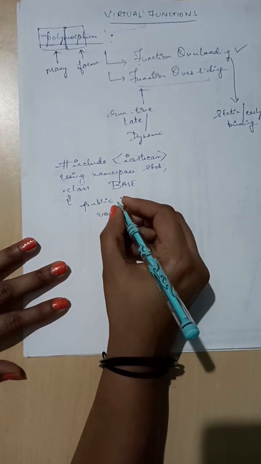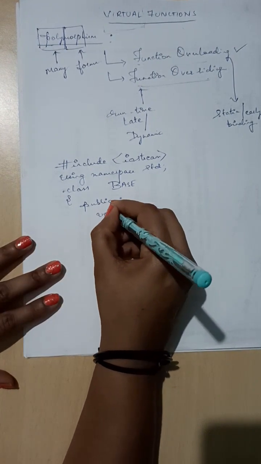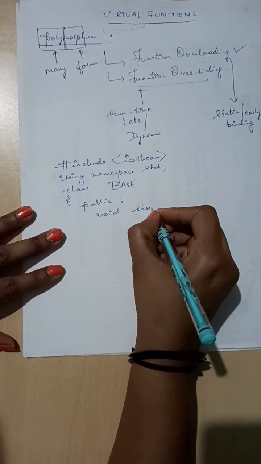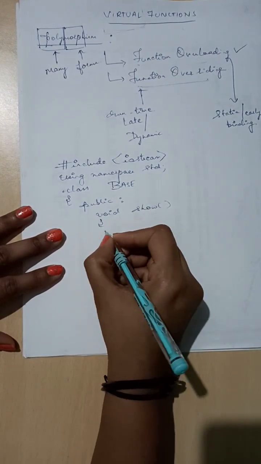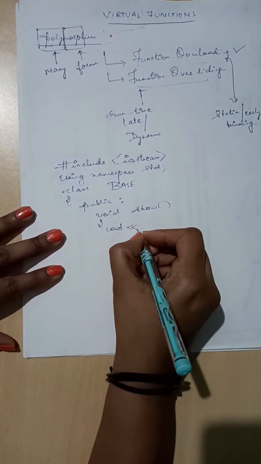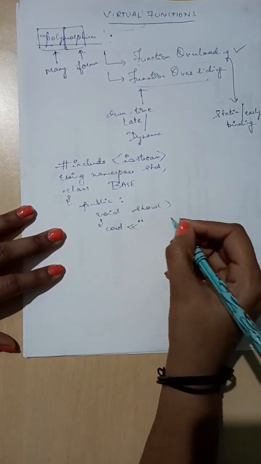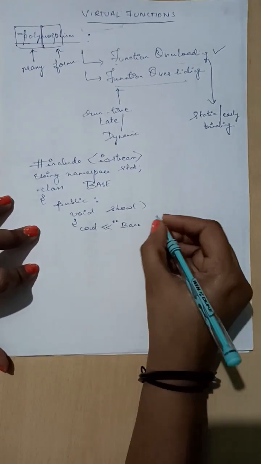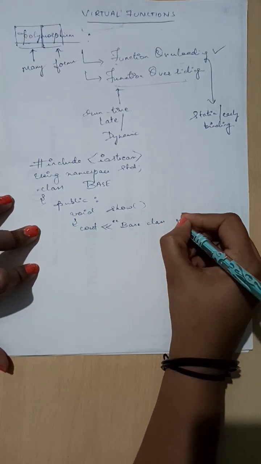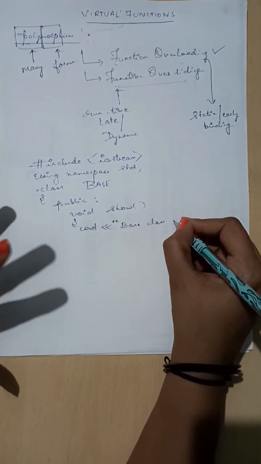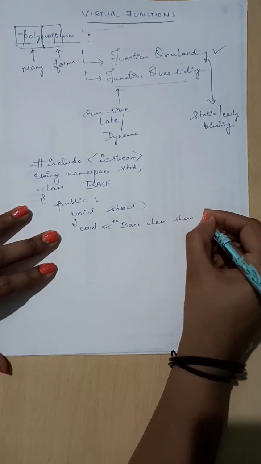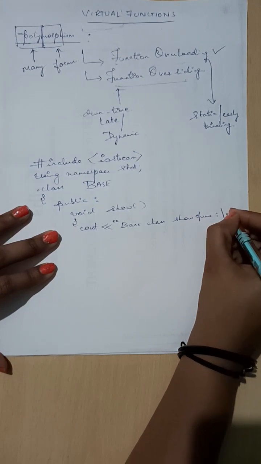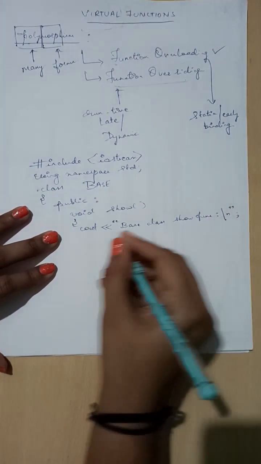Suppose say void show, which is printing a statement onto the console screen: "This is a base class show function", new line character and then close the statement.